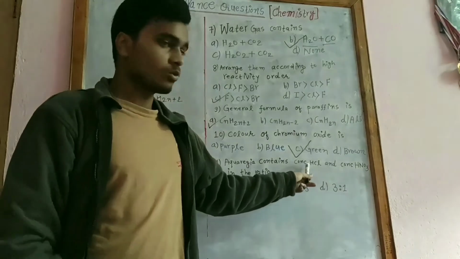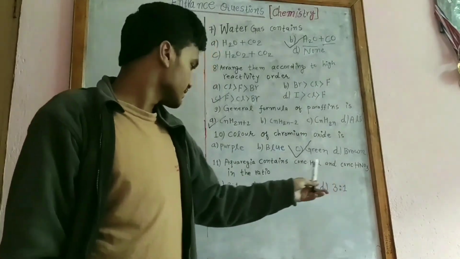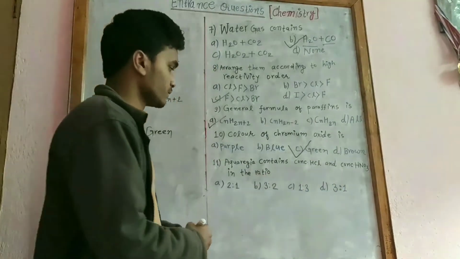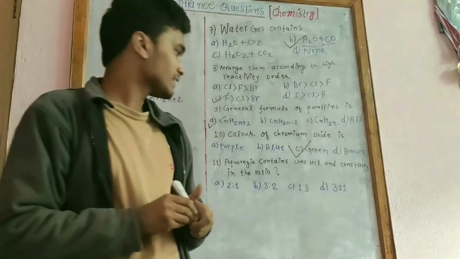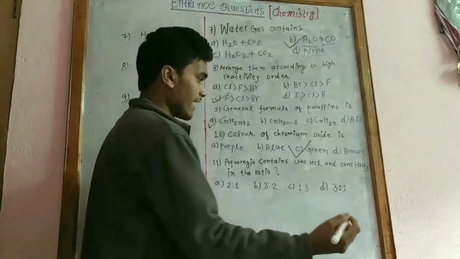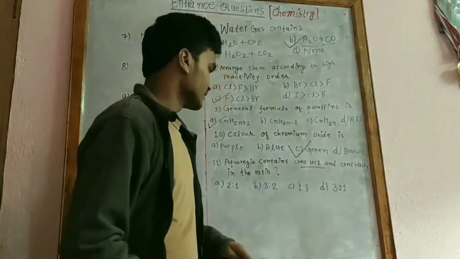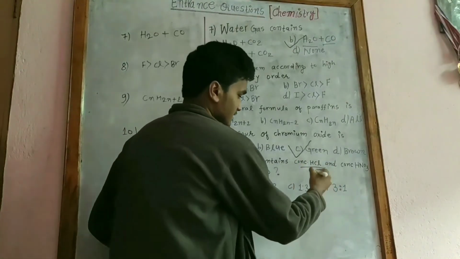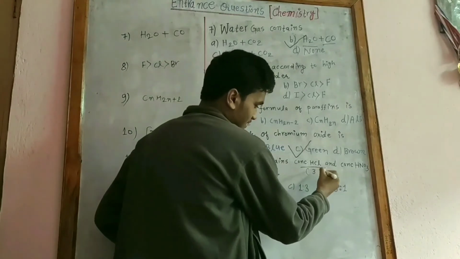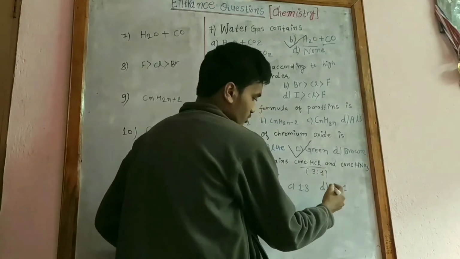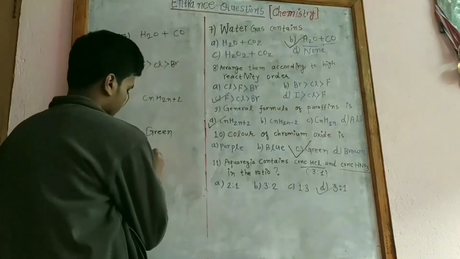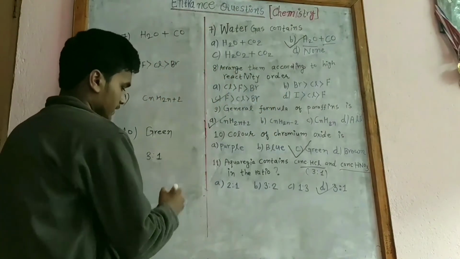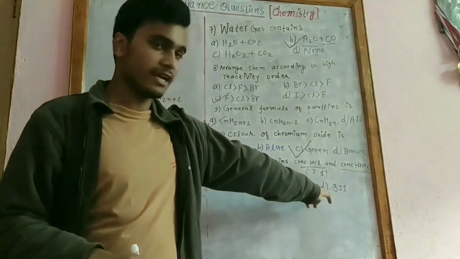Aqua regia contains conc hydrochloric acid and conc HNO3 in the ratio what? Now you have to remember that if there is conc hydrochloric acid, then this is always in a 3:1 ratio. Therefore, option D is the answer.